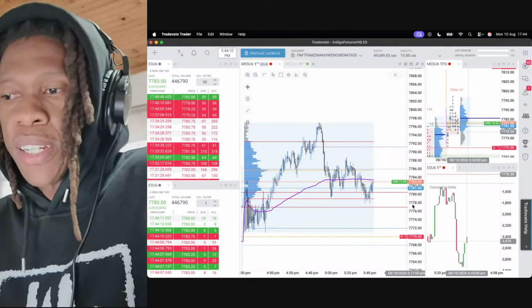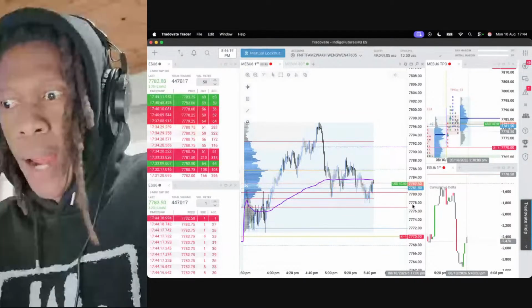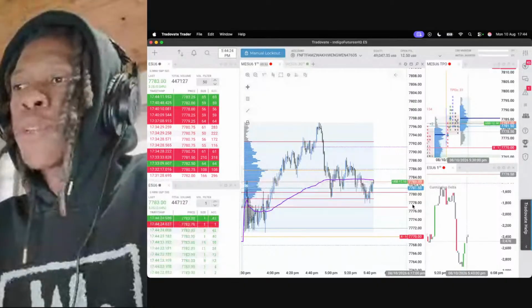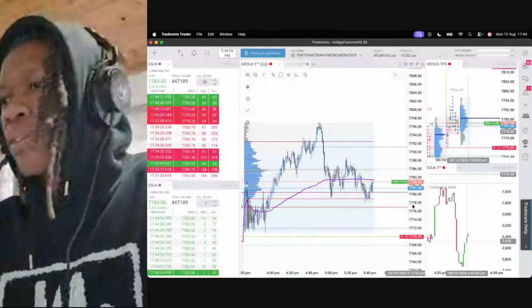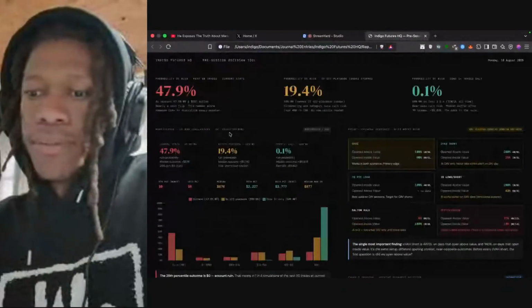Knowing a setup and trading a setup is one thing, but then tracking how often you win setups and how often you take losing setups, and this isn't even conclusive. This is only 82 trades.